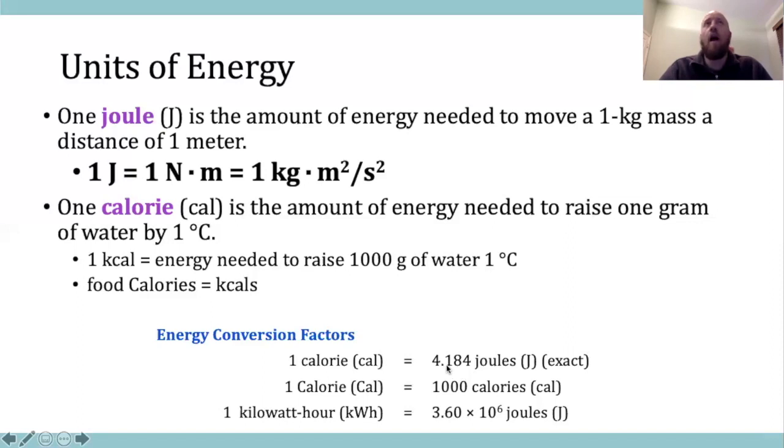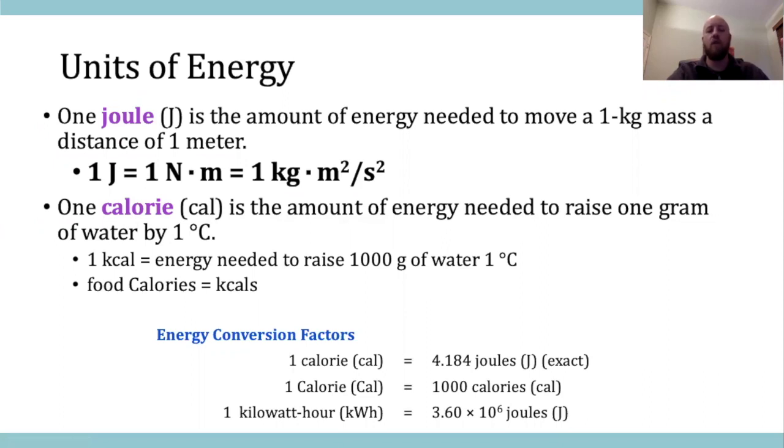Now, our dietary calories are not this unit. They're actually a kilocalorie. But because we're Americans and our system is, if it wasn't stupid before, we made it stupid and just changed it to a capital C calorie instead of saying it's a kilocalorie, because the metric system is scary and we can't possibly have that.